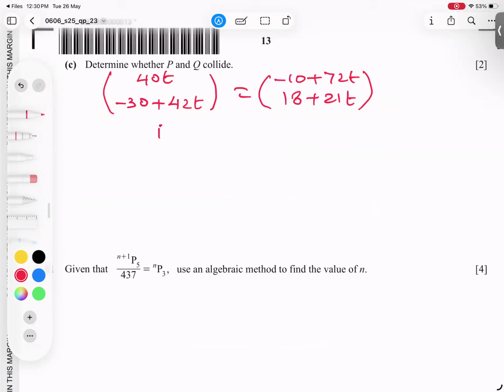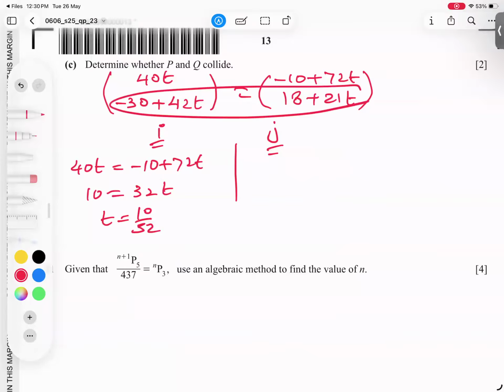Now I component and J component. I component means this. So 40t is equal to negative 10 plus 72t. It goes there and 10 comes this side, and I'm getting here 32t, and t becomes 10 over 32.